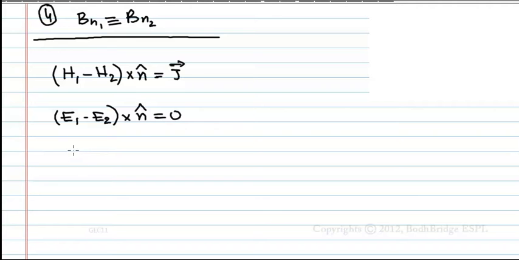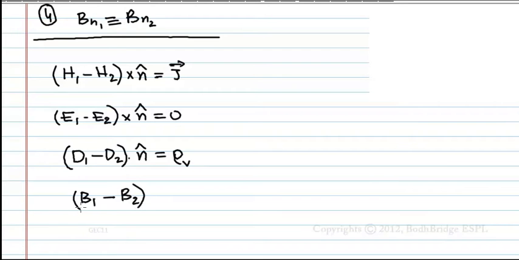The third one, D1 minus D2 dot n cap is equal to rho V. And B1 minus B2 dot n cap is equal to 0.